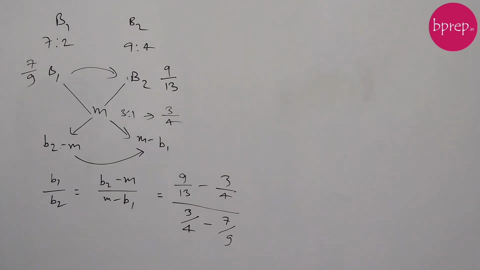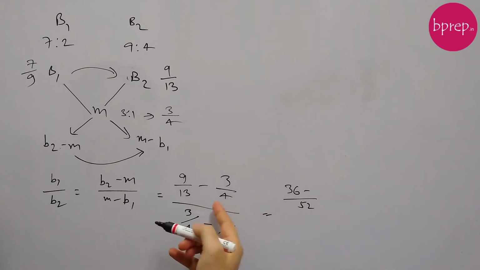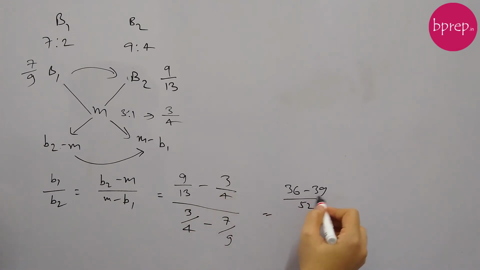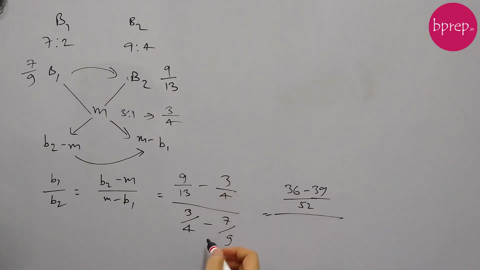Then here we'll have 52, 36 minus 39 upon 36, and 27 minus 28.